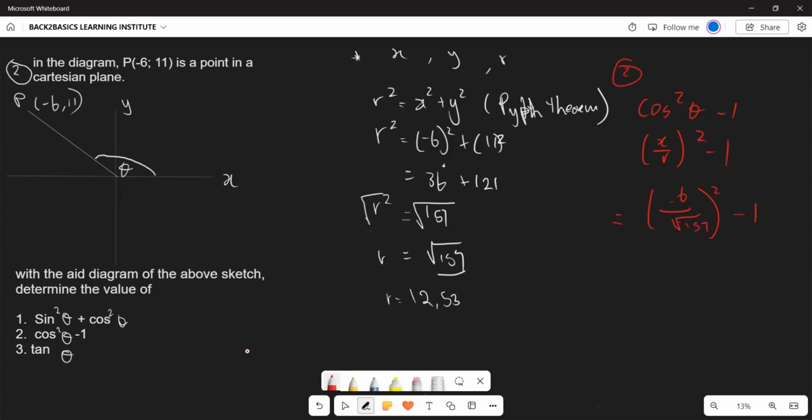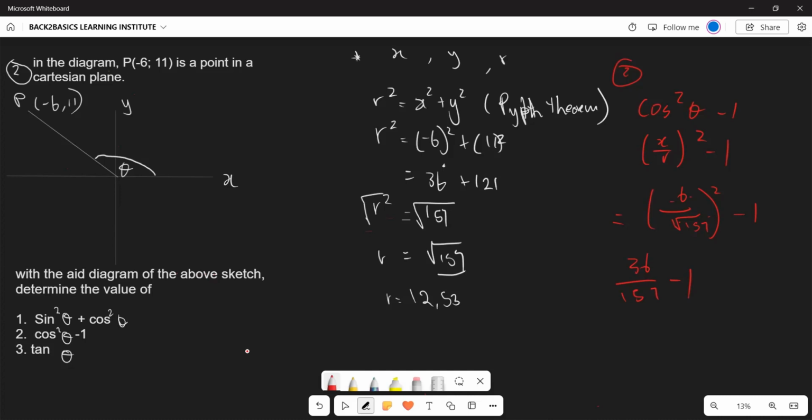Then from here, what are you going to have? When you square this, remember you square your numerator and also your denominator. So this is going to be 36 over 157 subtract 1. Now what is 36 divided by 157 subtract 1?